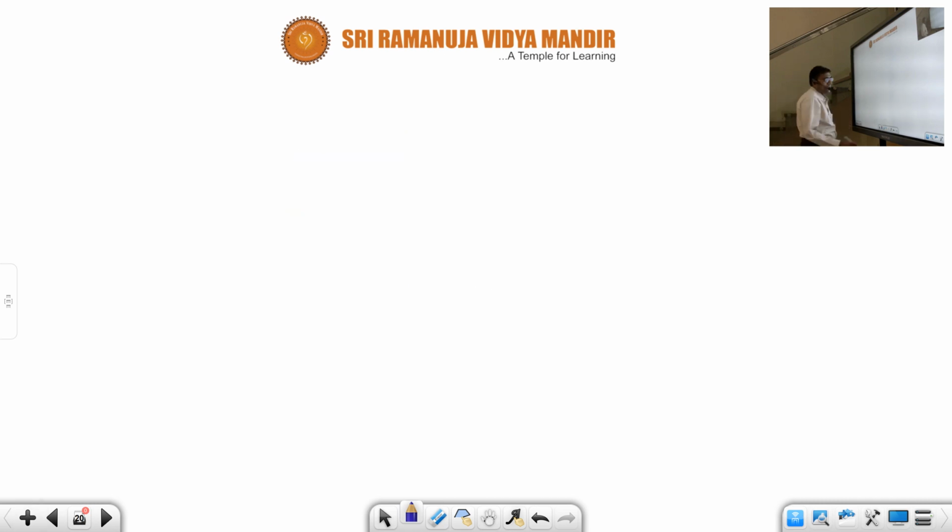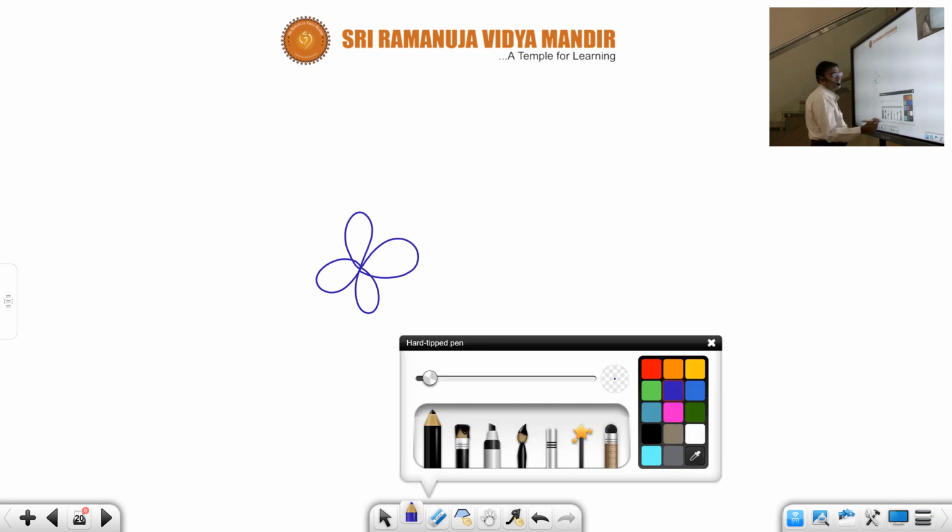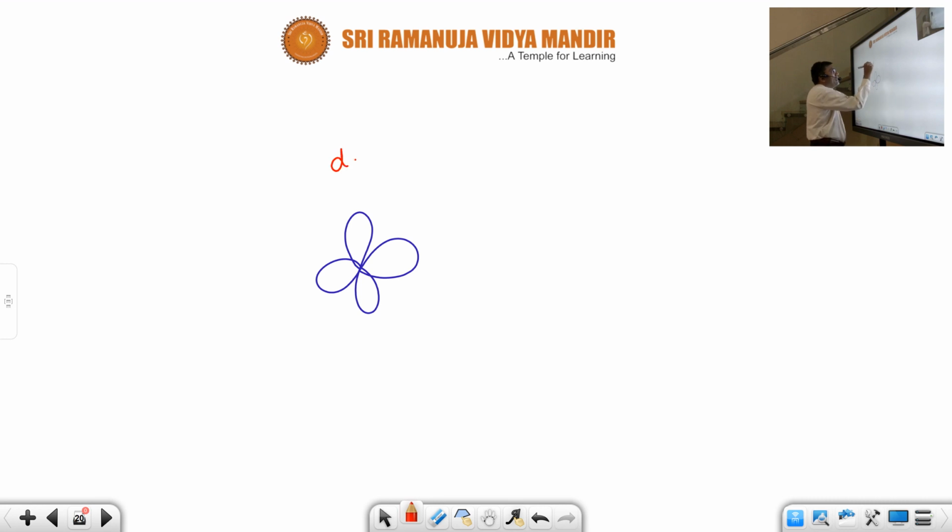Similarly, you have another orbital called the d orbital. If you observe the shape of the d orbital, it looks like a double dumbbell. You are all aware what a dumbbell is.